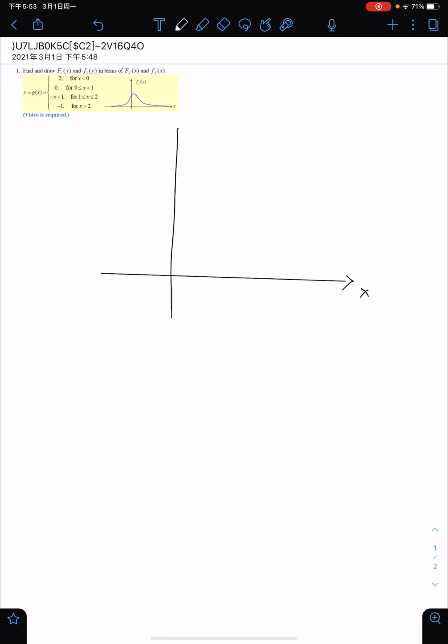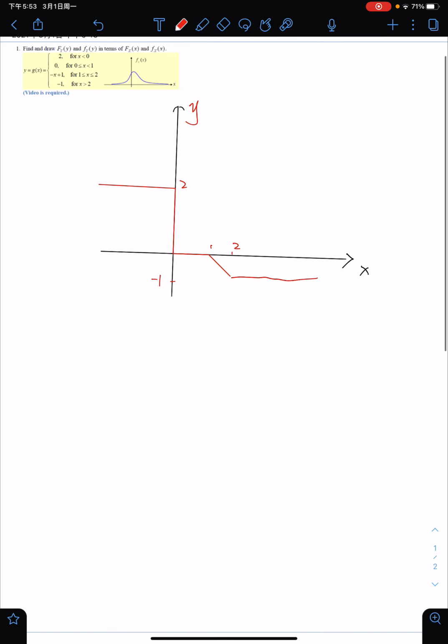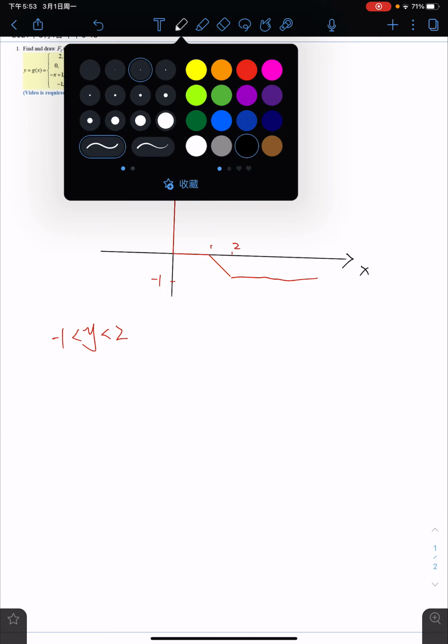X, y, and okay, then from the figure we can know y could be -1 to 2.